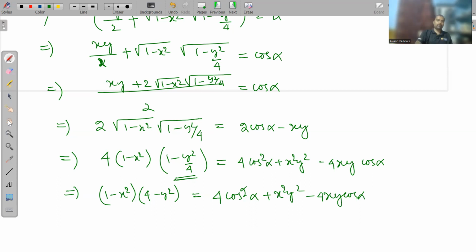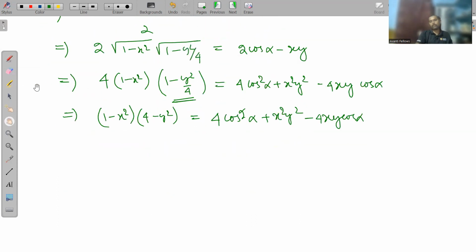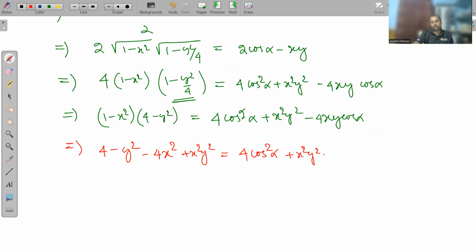Okay, now if we multiply both the brackets on the left hand side, we'll get 4 minus y square minus 4x square plus x square y square, which is given as 4 into cos square alpha plus x square y square minus 4xy cos alpha.